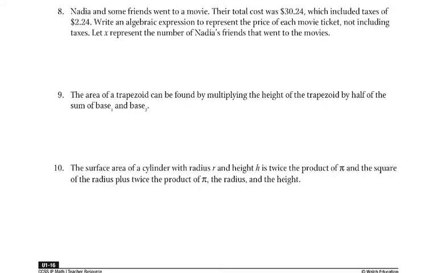Alright, so let's think of each part here. So first idea, their total was $30.24. Tax was $2.24. Okay, and that wasn't figured into the 30. So we want to remove the taxes. Okay, so first thing we'd have to do would be to subtract, right? That would get us that cost, but we don't want it yet. Okay, then we want x to represent Nadia's friends.